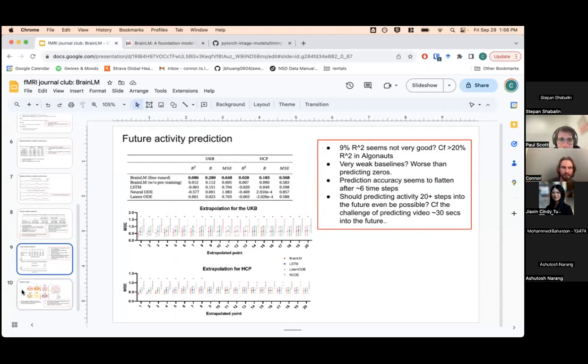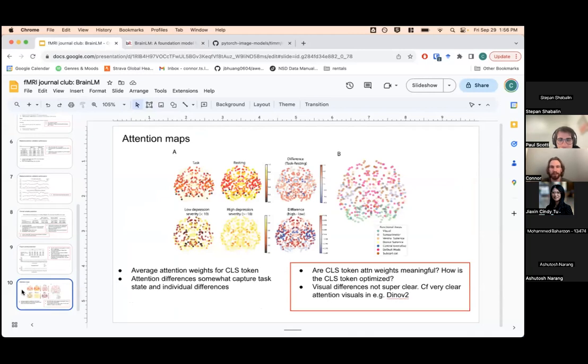Okay, last thing to look at is this attention map analysis. This one I found probably the most fuzzy. I didn't really know what to make sense of this. Let me just talk you through what it shows though. Each plot here shows the attention weight for the attention map from the class token.